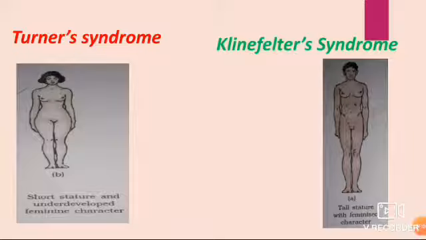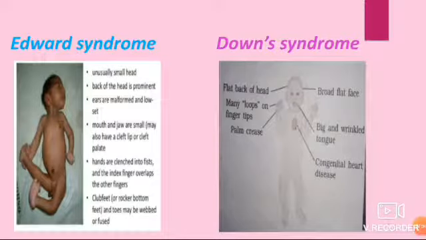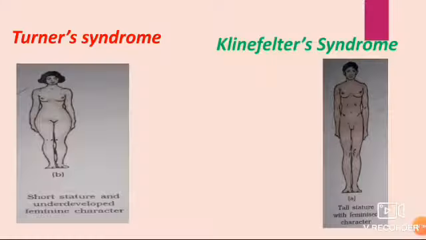And sometimes there is a difference in structure of the normal chromosome which also causes some disorders. Sometimes abnormal arrangement also occurs which also causes disorders. So in the question, Turner syndrome, Klinefelter syndrome, Edwards syndrome and Down syndrome are mentioned. So we will discuss these.